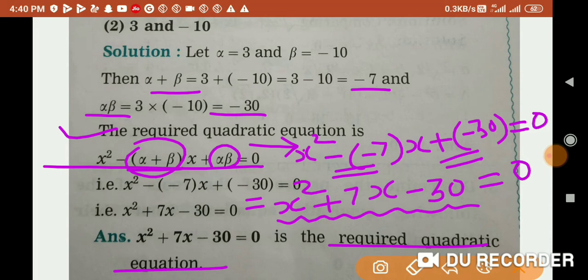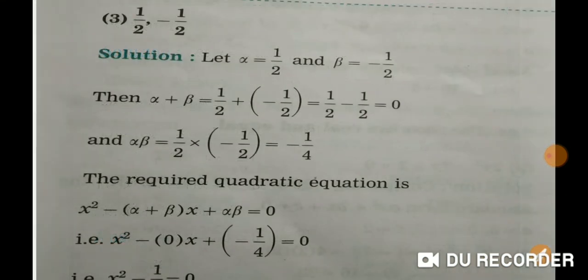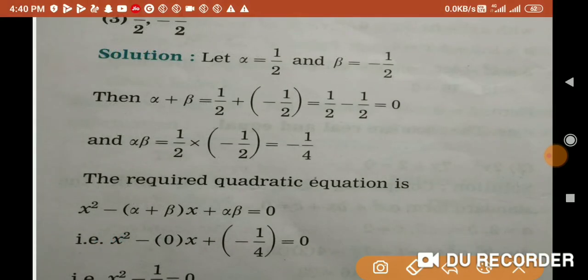Understand? Now see example number 3. Here the value of α is 1/2 and the value of β is −1/2. First obtain α + β, that means 1/2 + (−1/2).